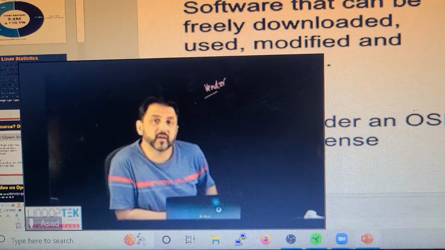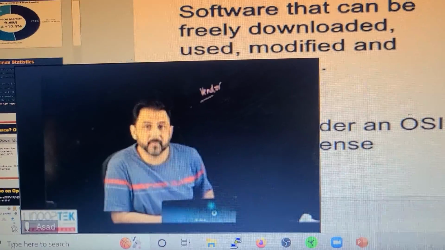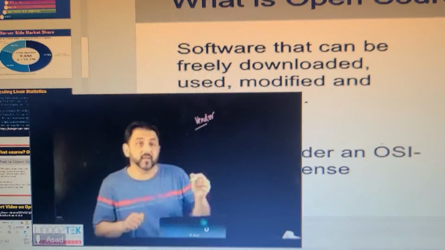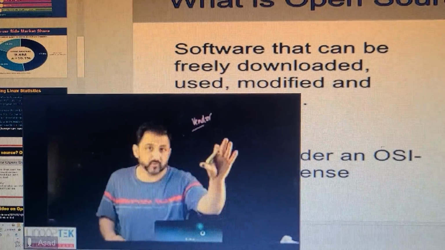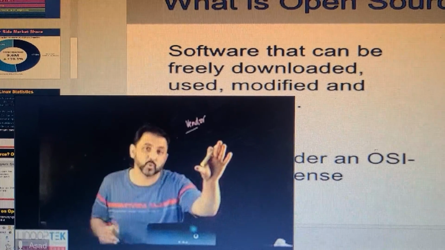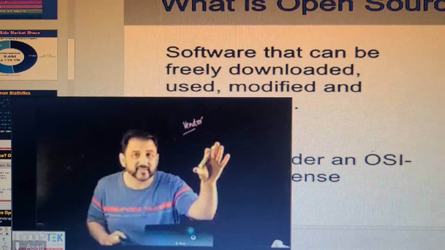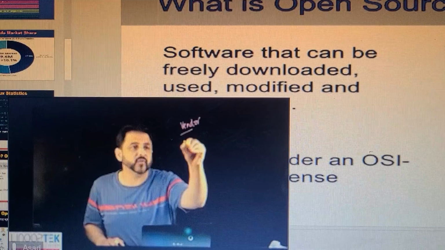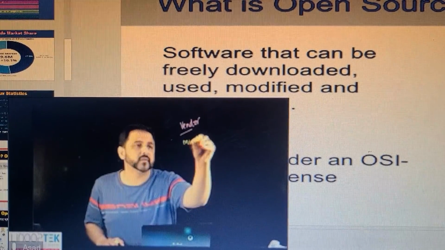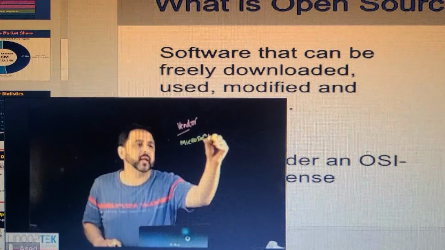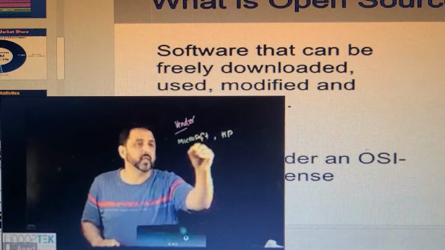And if you're looking for an operating system, the vendors you're dealing with, if you're looking for proprietary software, which is the kind that does not give you source code access and has a licensing cost, are right over here: Microsoft, and you also have HP.